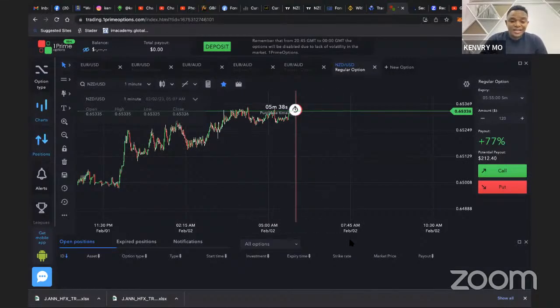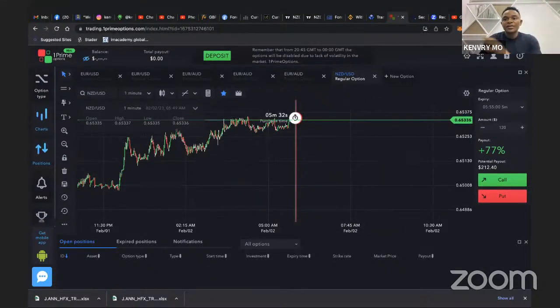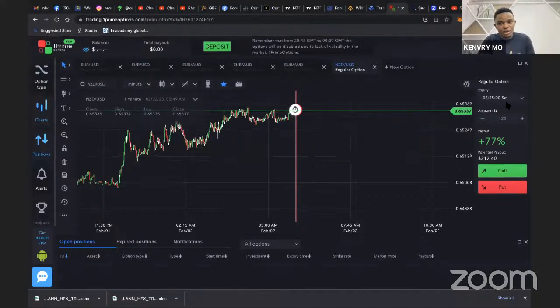It's automatic. When I tell you 5 minutes, take the next 5 minutes. This trade is already on a 5 minutes run to close at 5:50. So when I say take a trade right now, the trade you're taking is not 5:50, it's 5:55. Is that clear? It means the trade is going to run for 7 minutes.